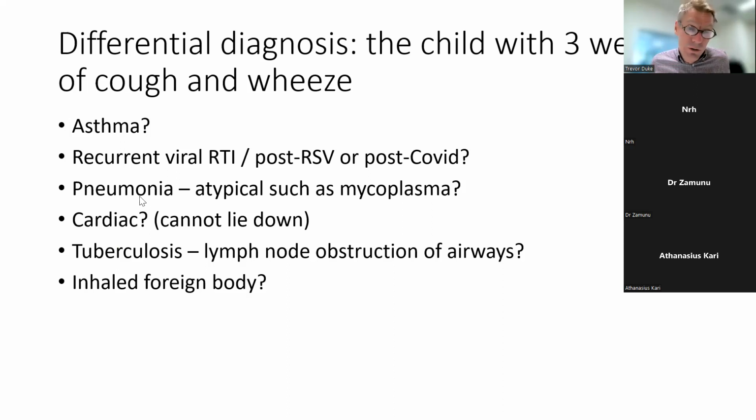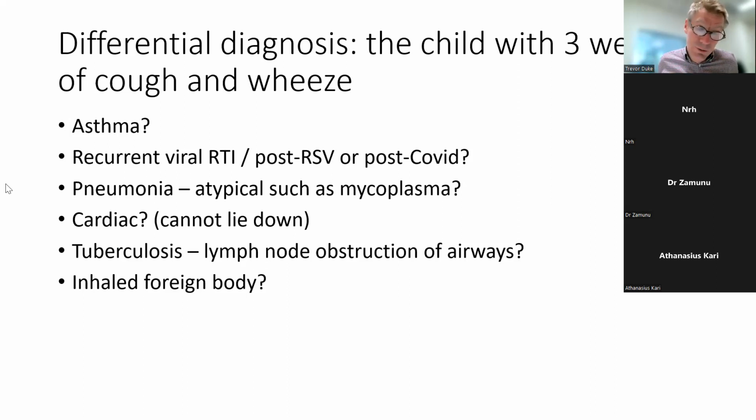Could it be pneumonia, like we said, tuberculosis, or an atypical pneumonia like mycoplasma? That was the other one I was getting at: a 5-year-old child who has 3 weeks of cough could have pertussis, or mycoplasma, or tuberculosis. So it's good to think broadly about these things.